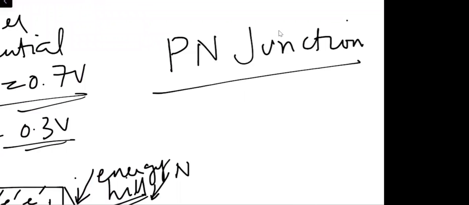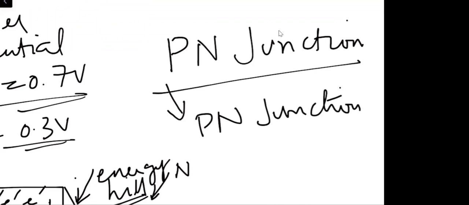Whenever P is on one side and N is created on the other side, it is called a P-N junction, and it is normally taken as a P-N junction diode.